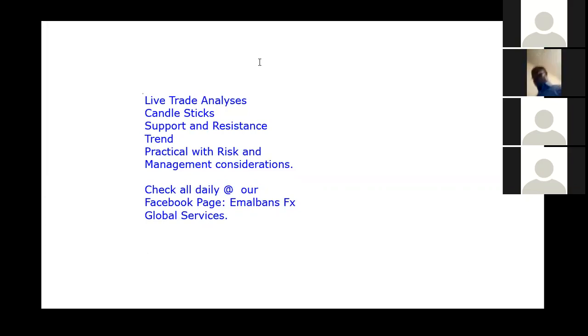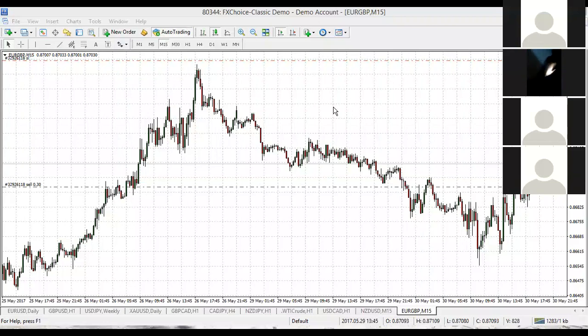Stop sharing and share another screen. Let me share the MT4, MetaTrader 4.